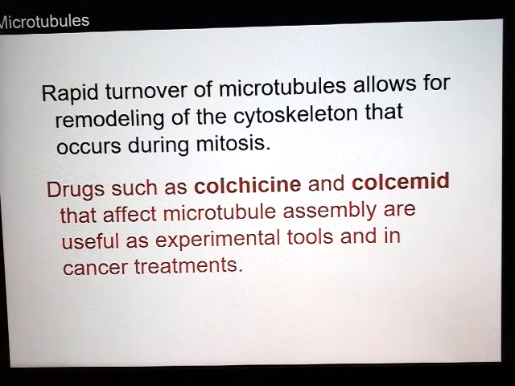So there's a lot of turnover, guys, that will allow the microtubules to be involved in movement and remodeling of the cytoskeleton, etc. during mitosis. So different types of drugs have been developed, and I'd like you guys to be aware of those drugs. Two are colchicine and podophyllotoxin, and they will affect microtubule assembly and are used to treat cancer.